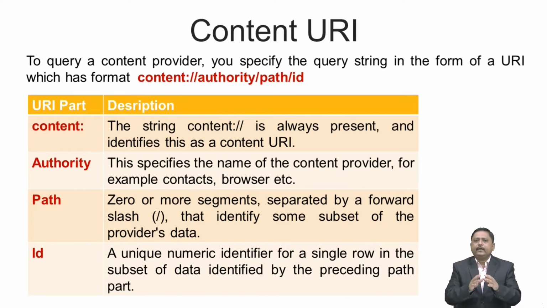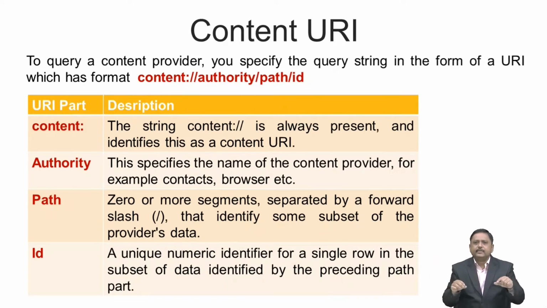Now, we know that a database is stored inside the data directory, inside that there is a package name, and inside that there is a database folder, and then comes the actual database file.